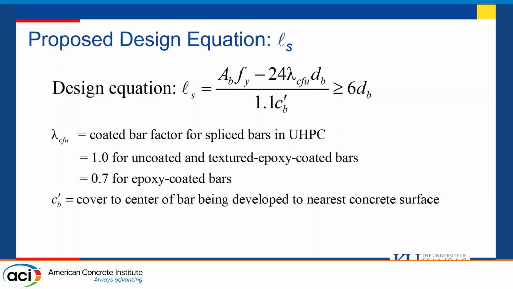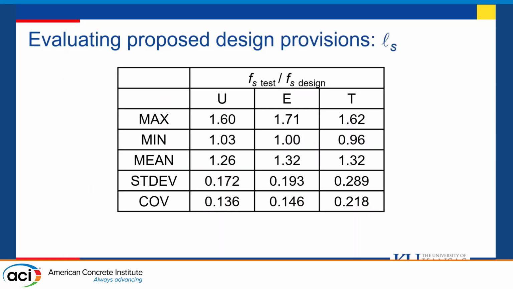Then we compared that fs design with our test results, and we found that the ratio of fs test to fs design for uncoated bars ranged from 1.60 to 1.03 with a mean of 1.26, standard deviation of 0.172, and coefficient of variation of 0.136. Likewise, for epoxy coated bars, the ratio ranged from 1.71 to 1.00 with a mean of 1.32, standard deviation of 0.193, and coefficient of variation of 0.146.